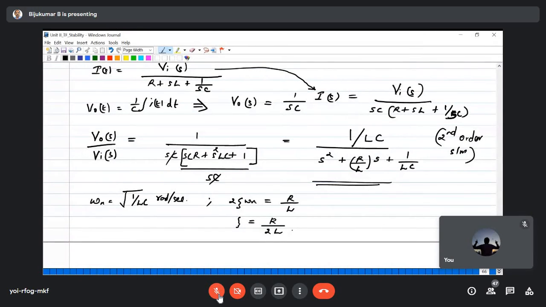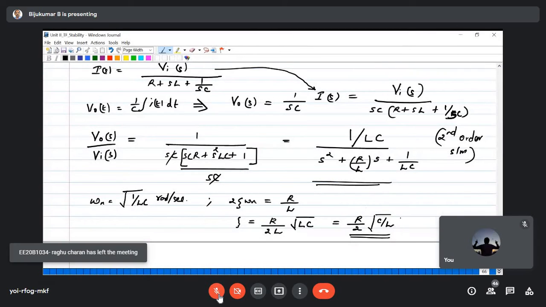So zeta is R by 2 root of C by L. Clear? So this will be the zeta of the second order system.